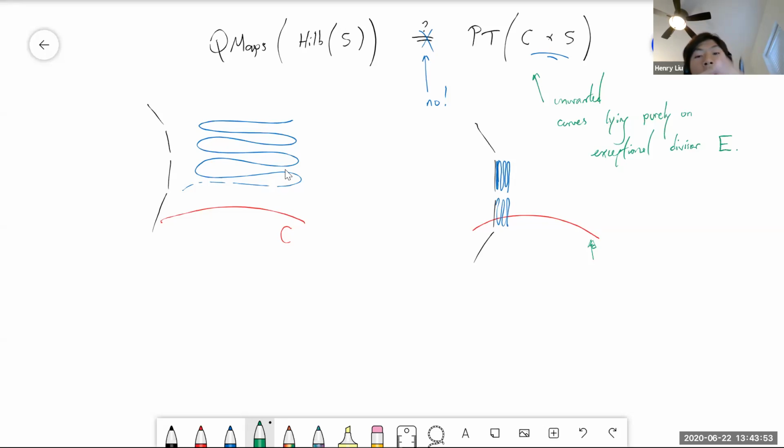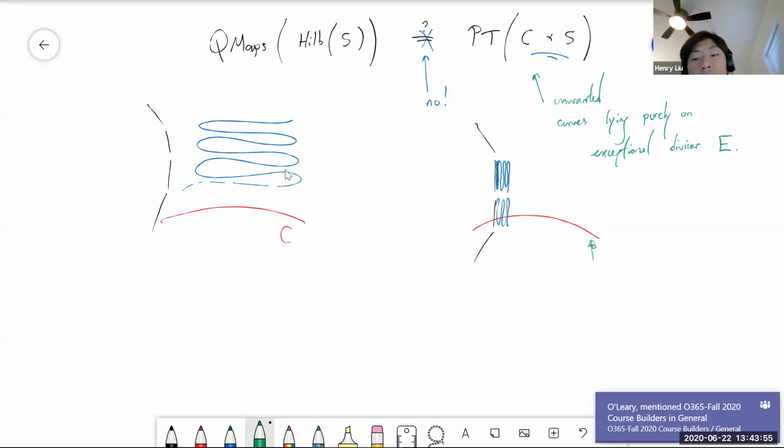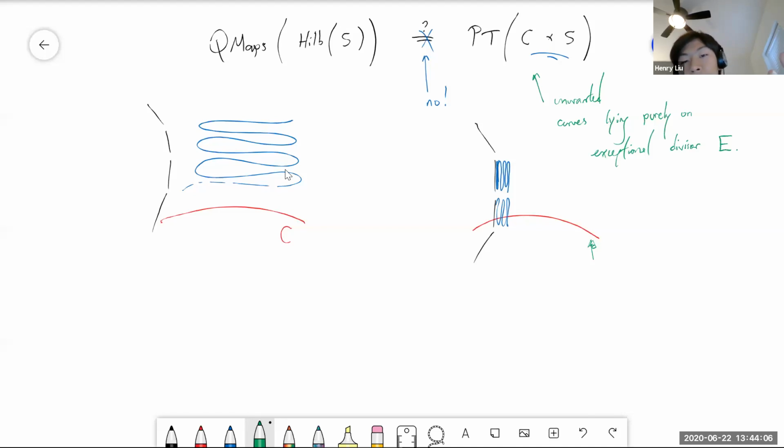To move from DT to PT, we said we have these free-floating zero-dimensional points and we want to remove them. Now we have these one-dimensional curves along the exceptional divisor, and we want to remove those as well. There are two ways you can do this.